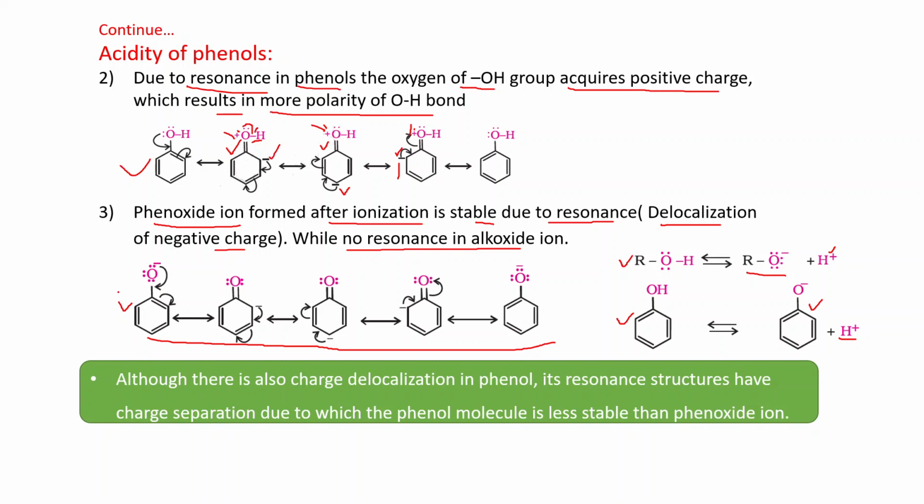While in phenoxide ion, separation of charge is not there. A negative charge is already there, and this negative charge is delocalized. That's why we can say although there is also charge delocalization in phenol, its resonance structures have charge separation, due to which the phenol molecule is less stable than phenoxide ion.